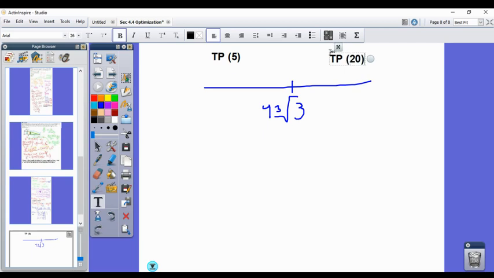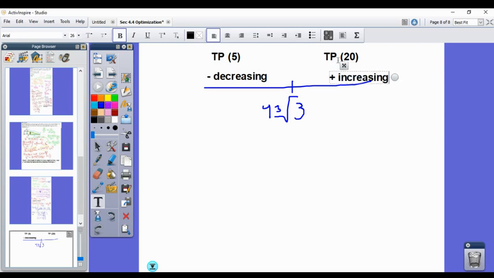Plugging into my derivative, I get a negative here, which means decreasing, and a positive here, which means increasing.